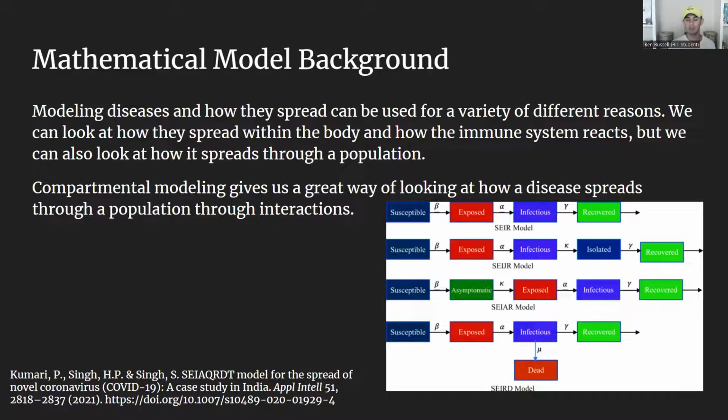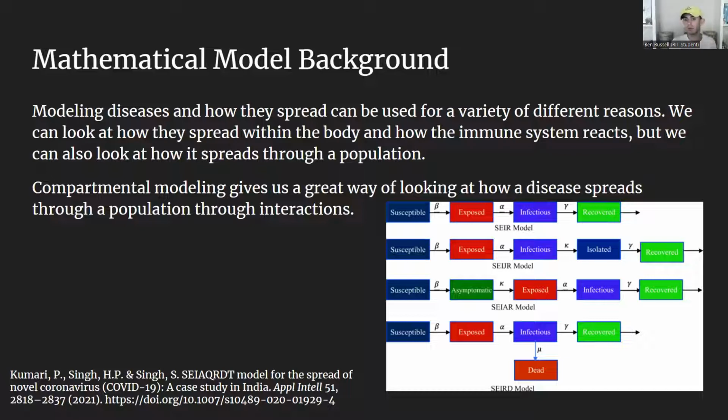So we're going to see how the population is affected by infectious people. So in our case, we're going to look at susceptible people, and these susceptible people are going to interact with infected people. And these infected people are going to eventually recover after a certain amount of time. And that's how we're going to model it.